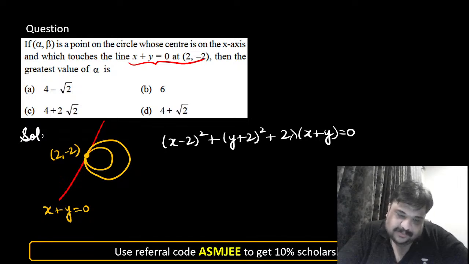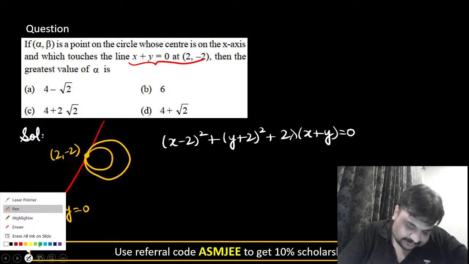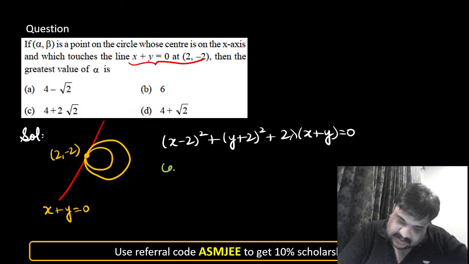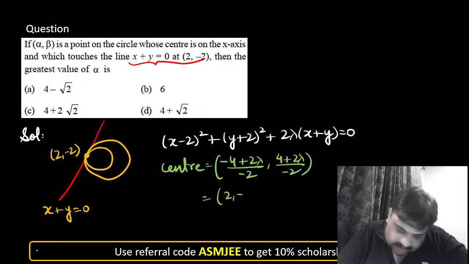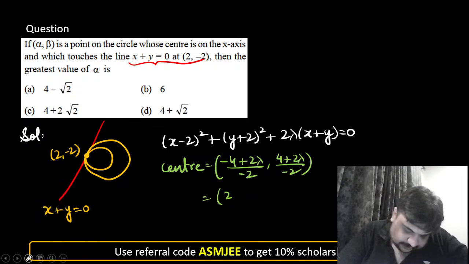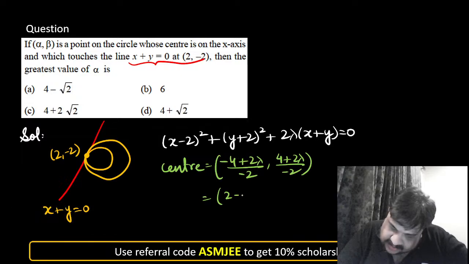Now alpha comma beta, and center is on the x-axis. So the center is minus 4x plus minus 4, plus 2 lambda by minus 2, 4 plus 2 lambda by minus 2. So it is 2 minus lambda comma minus 2 minus lambda.